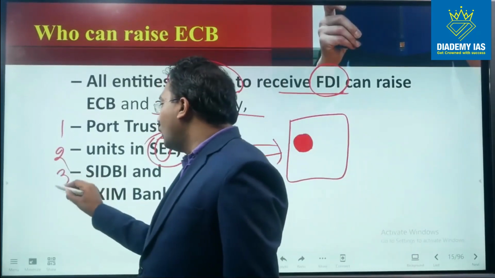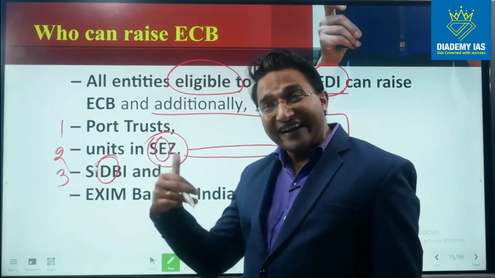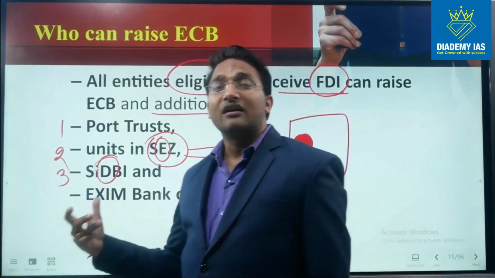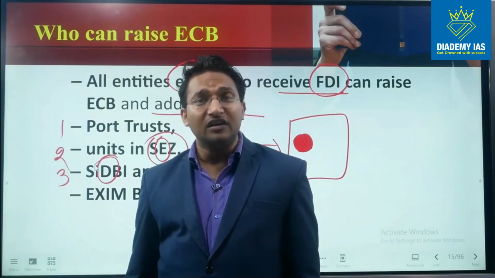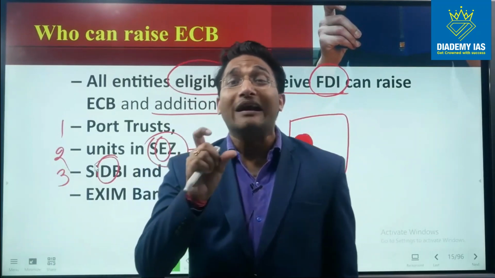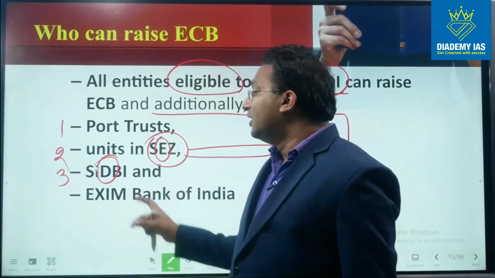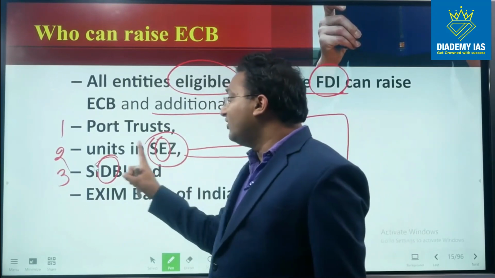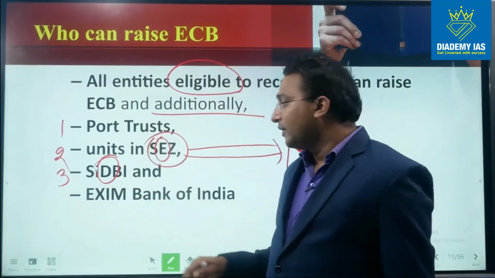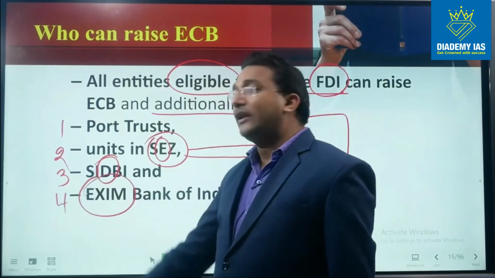Third, SIDBI, Small Industries Development Bank of India. This is a financial institution which raises money from ECB for the development of small industries. So through SIDBI we can promote small industries, right? Through SEZ we can promote exports from India. And fourth, Exim Bank, Export Import Bank.